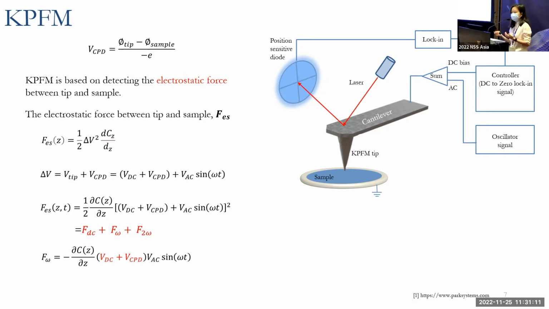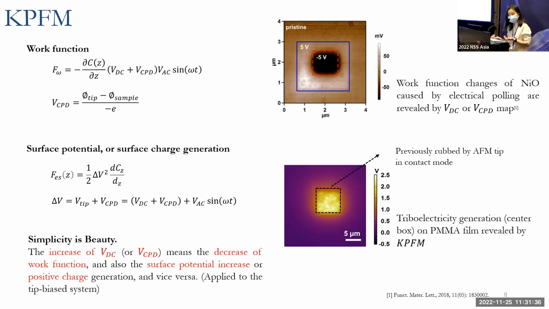The AC voltage will generate oscillating electrostatic force between the tip and the sample, and the application of the DC voltage will zero this oscillating electrostatic force. So by recording the DC applied to zero this oscillation, we can know the work function of materials.